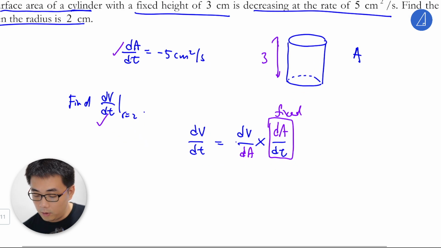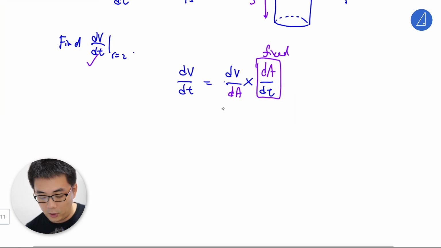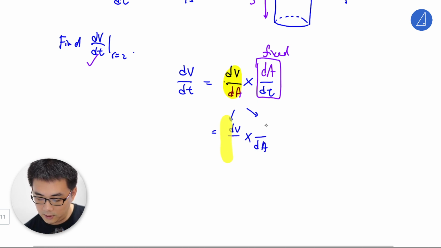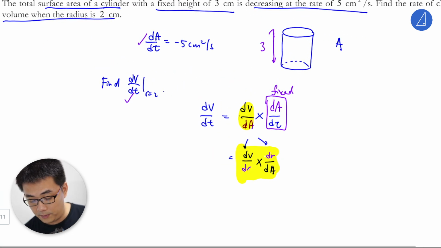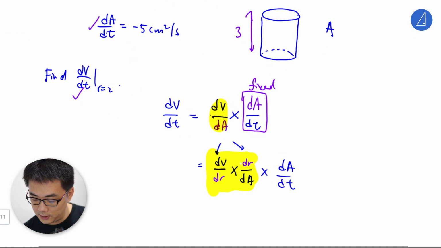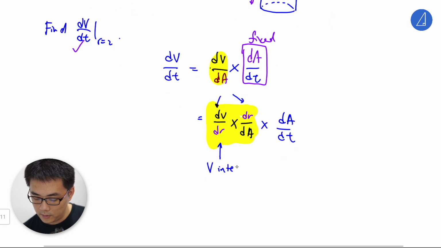Now we know for a fact that volume we usually don't express in terms of area. So we use the chain rule again, and it doesn't take long to guess that this should be dr, because our volume is usually in terms of r and h, but h is a constant, so it's fine. This prompts us to find V in terms of r, and A in terms of r.